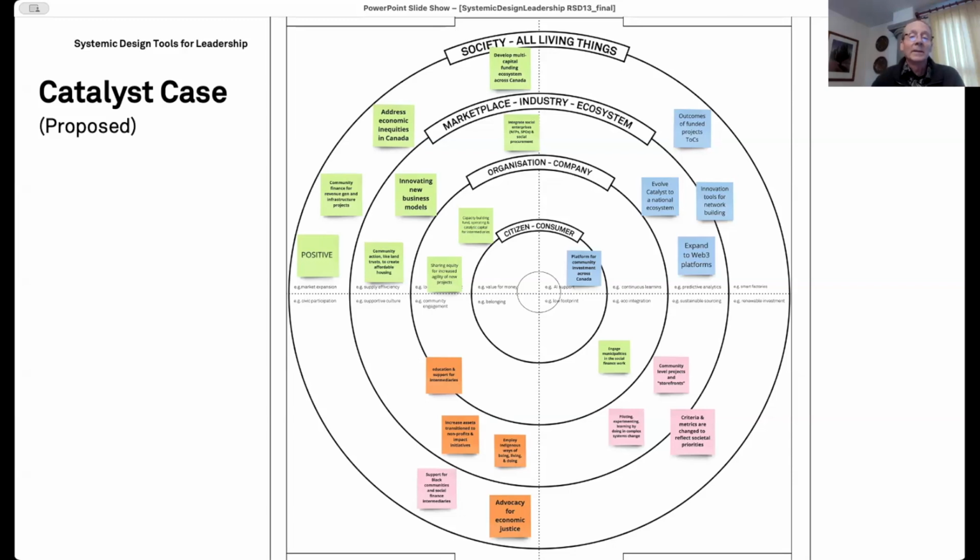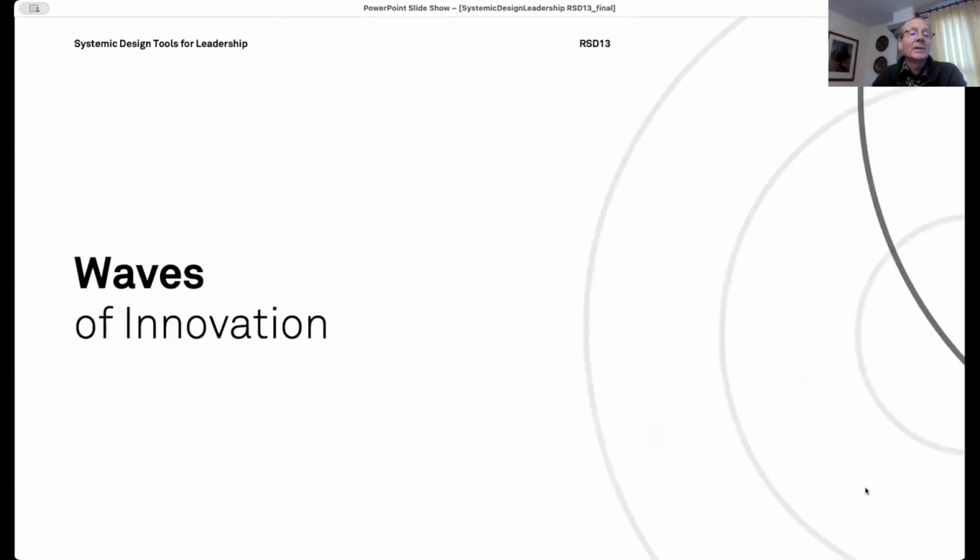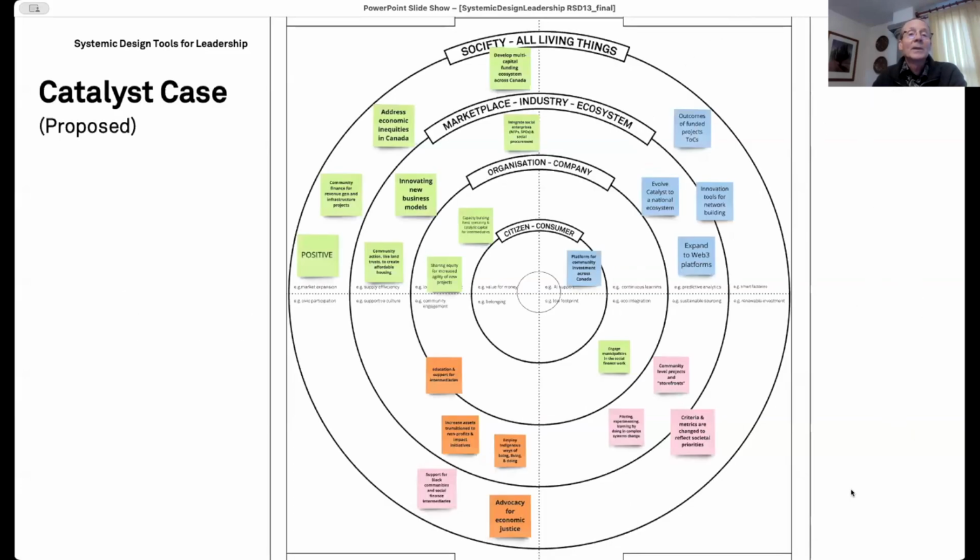And then, in the upper right, you have outcomes that will have certain technological impacts as well, expanding to Web3 platforms and innovation for network building and expanding the social networks and so on.